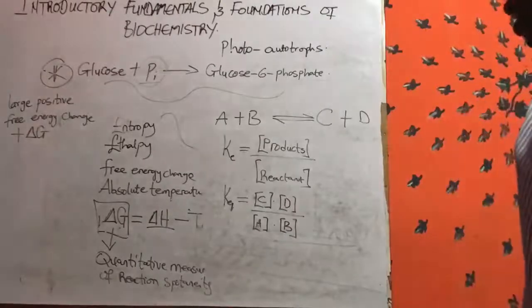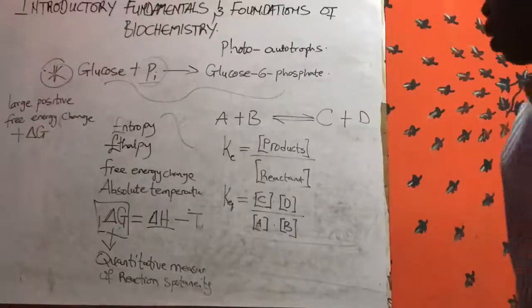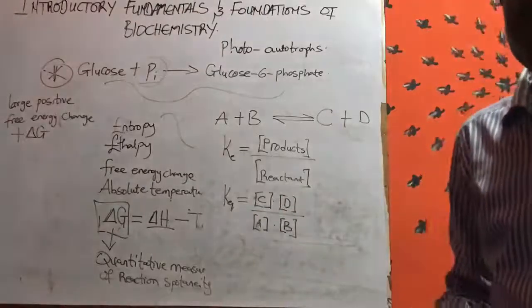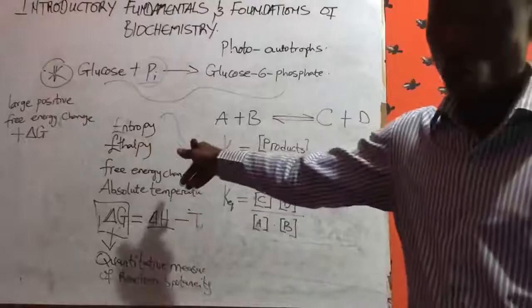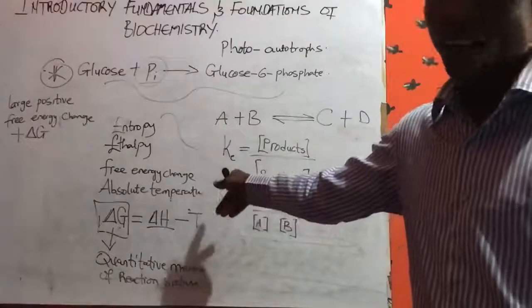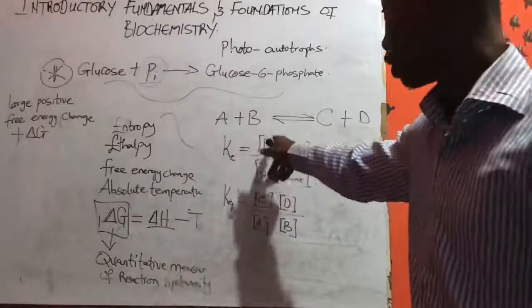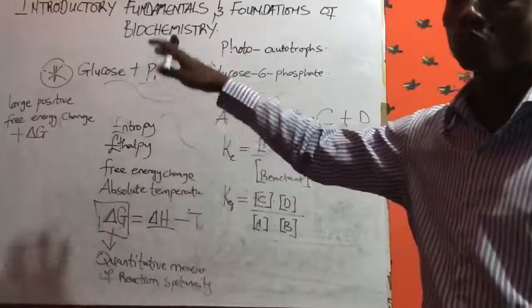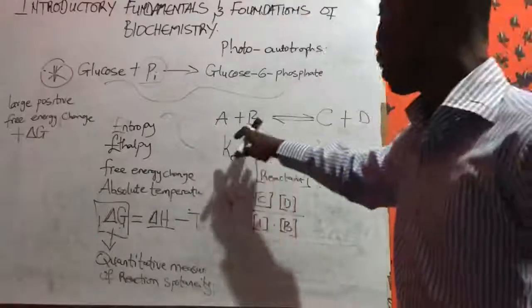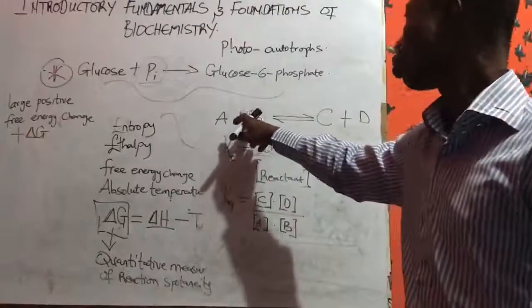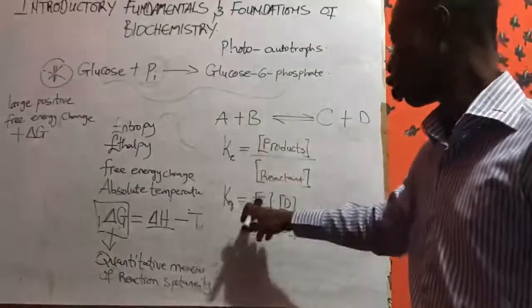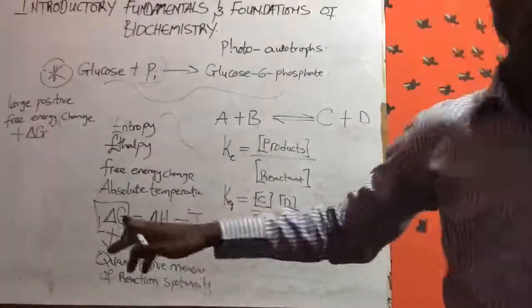But when I'm having a low KEQ, it means my reaction is not feasible. And so I go through that again, that large positive equilibrium constant KEQ means my reaction is feasible. The reaction will continue until all my reactant is consumed. But a small KEQ shows a reduction in the feasibility of a reaction.